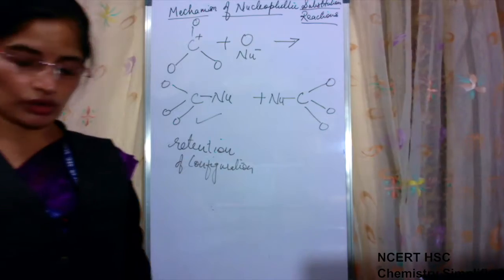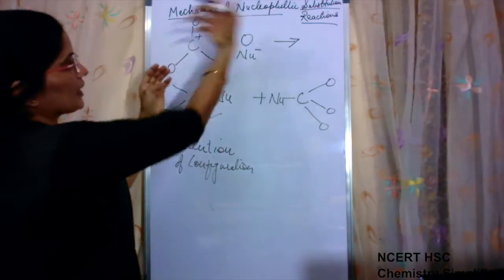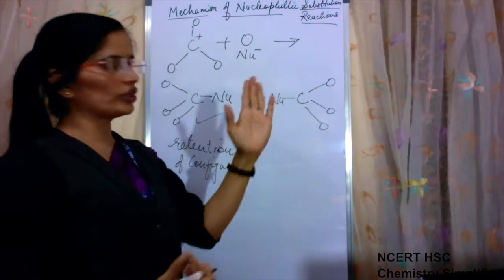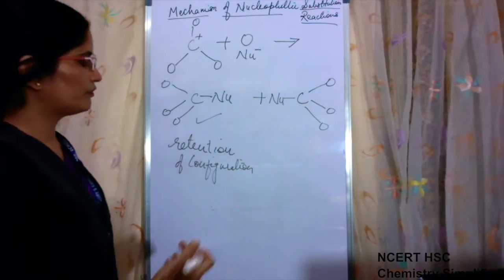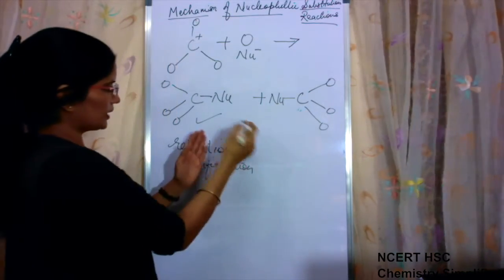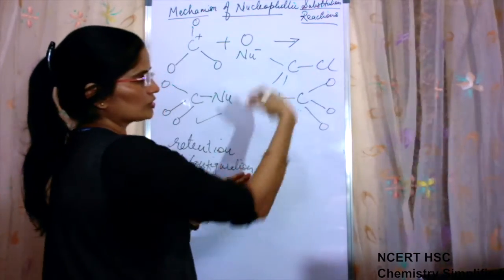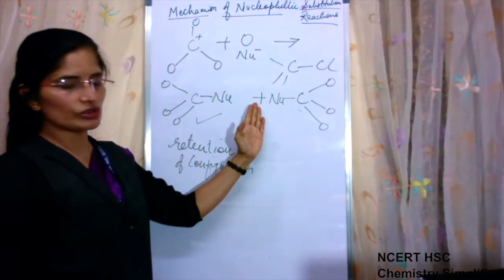But there are chances that the nucleophile may attach from the other side also, because the molecule is uniform and planar. From anywhere the nucleophile can attack. If this is the product, then in the original molecule the chlorine or halogen was on the right. Now in the product the nucleophile is on the left.